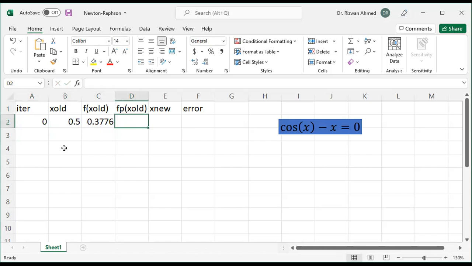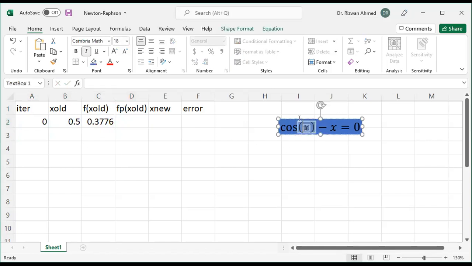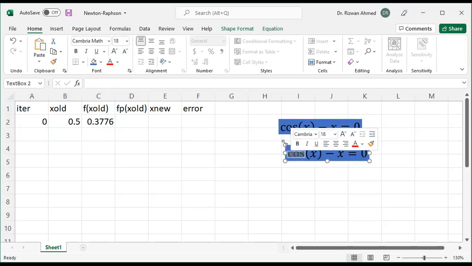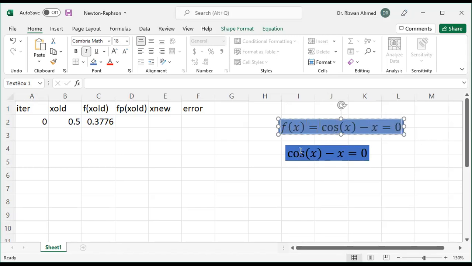Now the derivative of this function is required just for making a record. The earlier function we have been calling f of x, and we require f prime of x. So it is f prime of x, okay, fp of x.